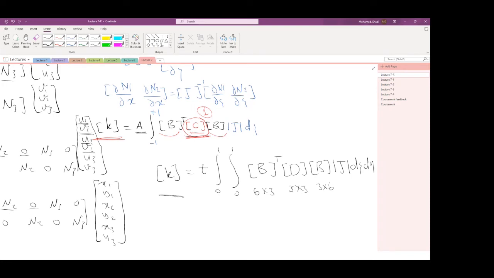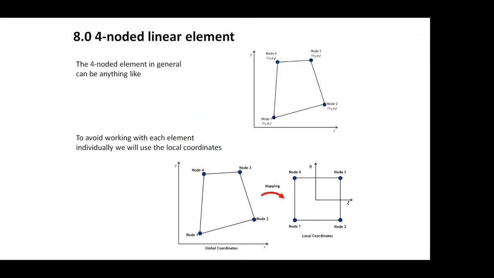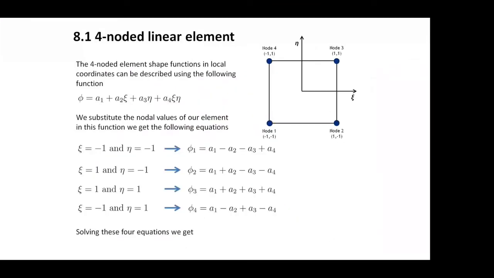All right, if you look into the notes, you'll see that I've derived the equations for a 4-noded element, which is slightly more complex, but in the lecture I always prefer to do the 3-noded elements, and in the lecture notes I put the 4-noded elements, so that you have 2 elements developed in the 2-dimensional case.